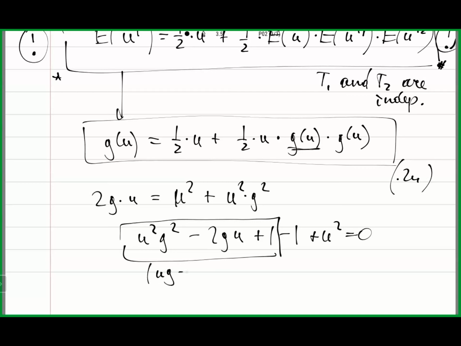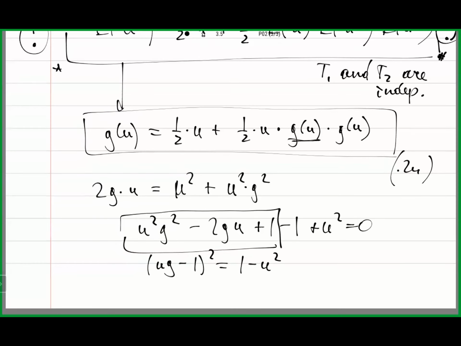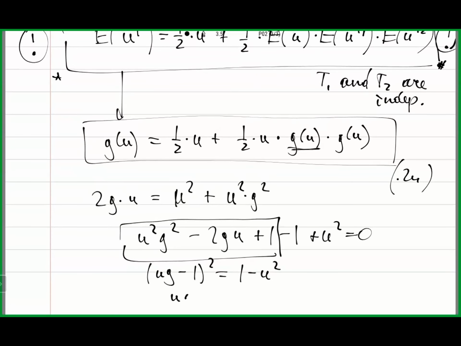It's just ug minus 1 squared equals 1 minus u squared, and hence ug minus 1 is plus or minus square root of 1 minus u squared, and hence our final answer g of u is 1 plus or minus square root of 1 minus u squared divided by u. That's okay?